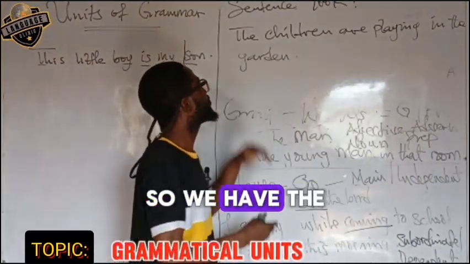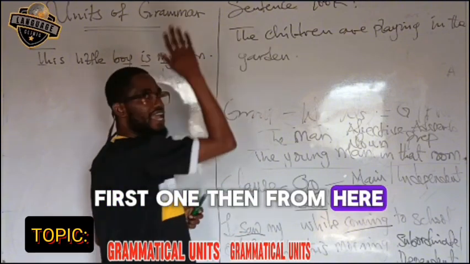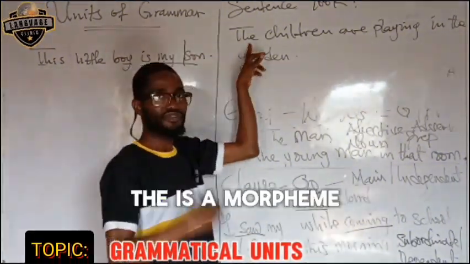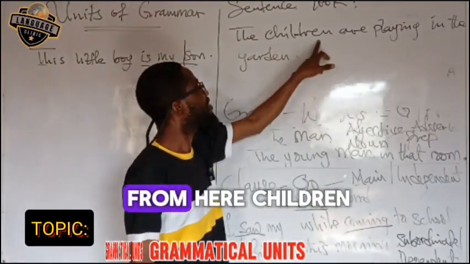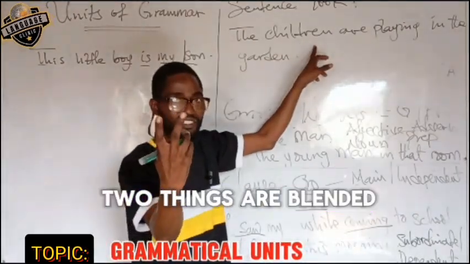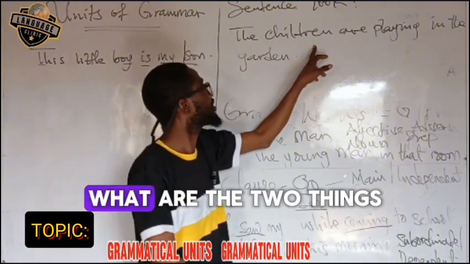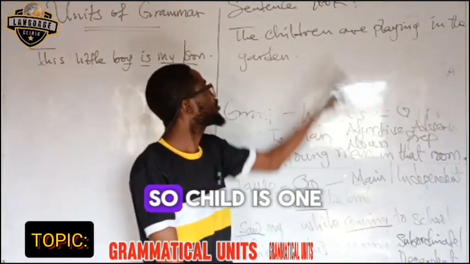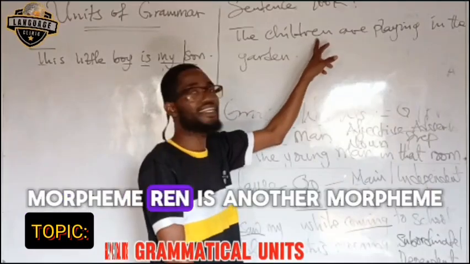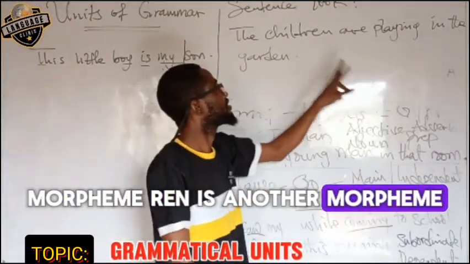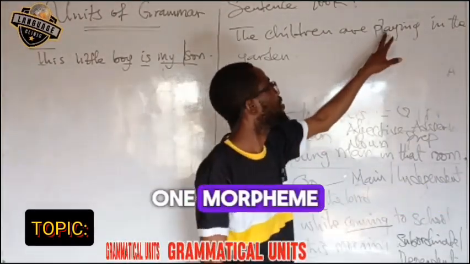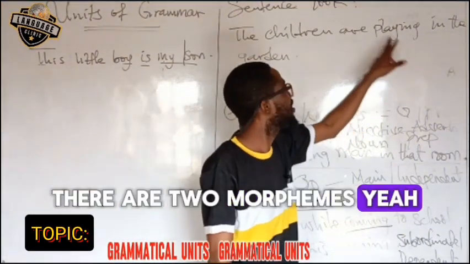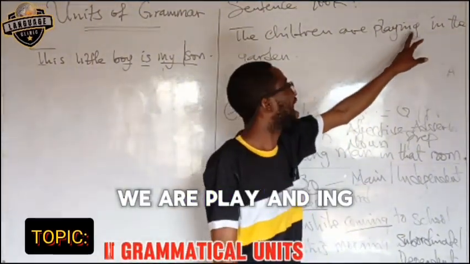So we have the first one. Then from here, we can begin to get the other units we've seen. There is a morpheme. From children, two things are blended. What are the two things? Child and ren, to give us children. So child is one morpheme, ren is another morpheme. Then we have play and ing.